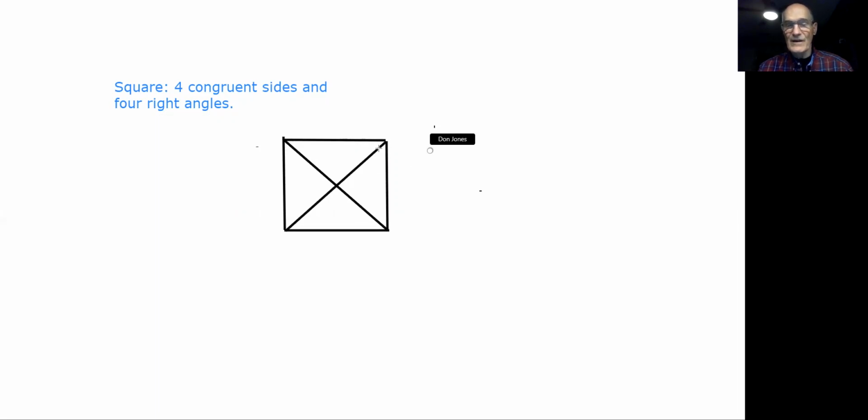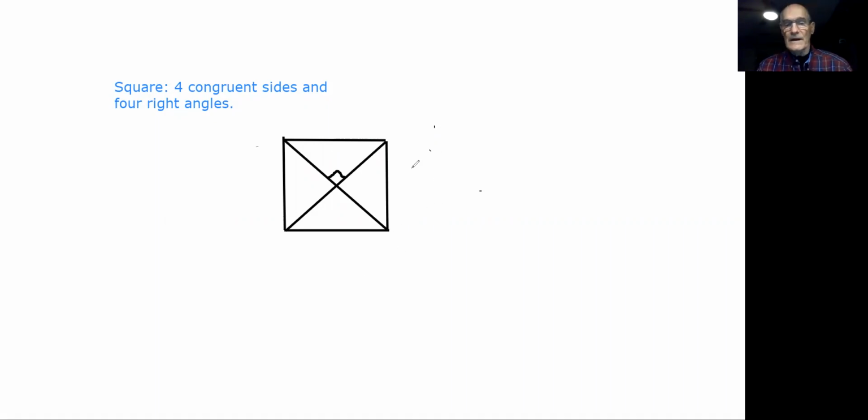That's a 90-degree angle, which means each one of these is 45. And the angles in the middle will also be right angles because this is a special form of a rhombus, and the diagonals of a rhombus are perpendicular.